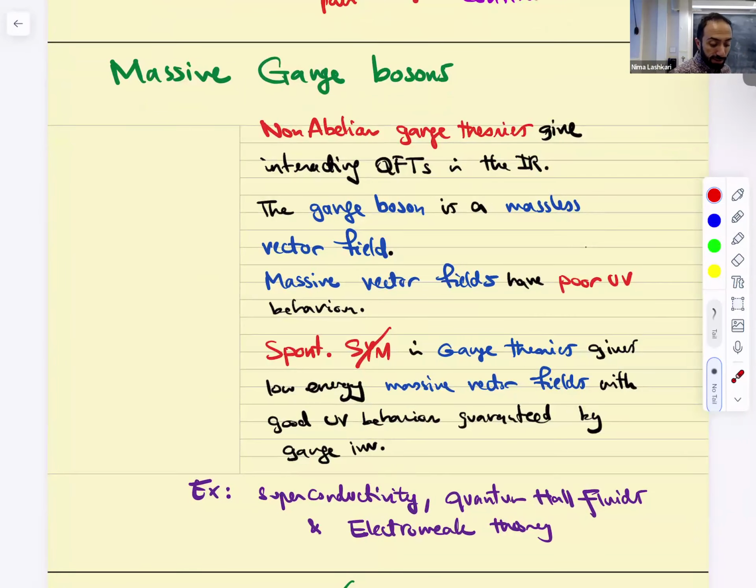Before talking about that, I'm gonna review spontaneous symmetry breaking of global symmetries so that I can contrast it. Spontaneous symmetry breaking in gauge theories is a little bit different. It often goes with the name of the Higgs mechanism. So by reviewing the global symmetry case, I'm going to contrast them.